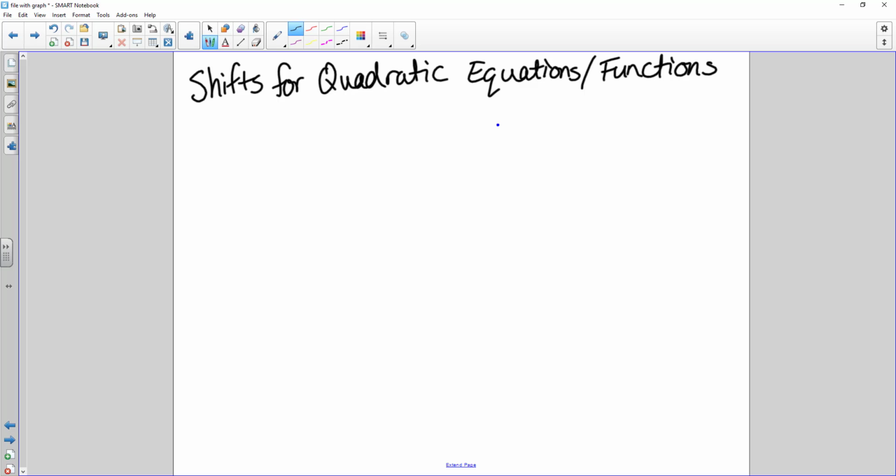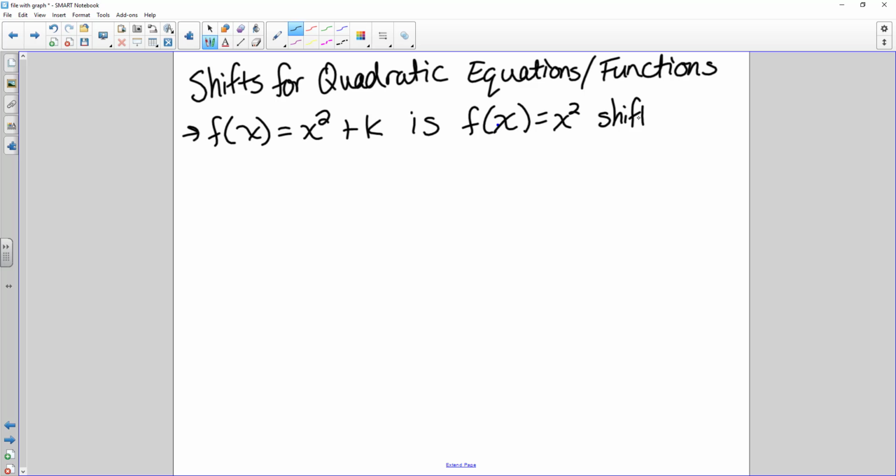So the first one is that f of x equals x squared plus k is f of x equals x squared shifted up k. So this is like our x squared plus 3 example we did.